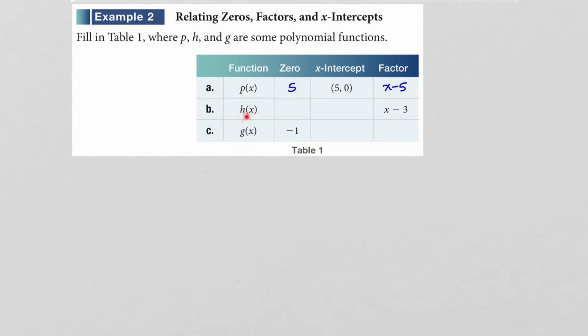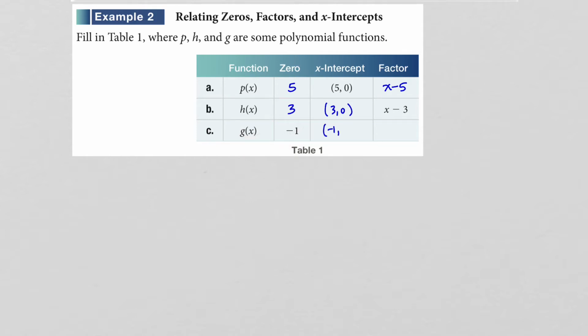For h of x, they tell us that x minus 3 is a factor. If x minus 3 is a factor, then x equals 3 is a 0. And the x-intercept will be the point 3, 0. And finally, for g of x, they tell us that negative 1 is a 0.